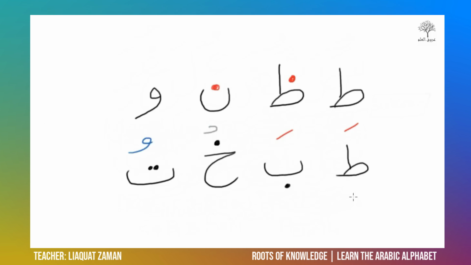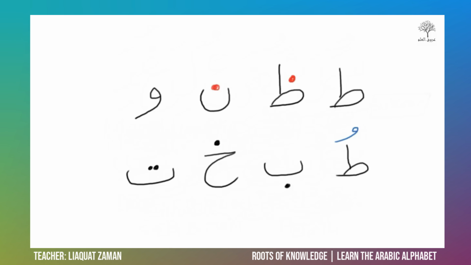So tu, ta, ba, kha, and tu. Ta, ba, kha, and tu. Remember, whenever you have a sukoon, you join the sound of the previous letter with it. So you merge them together. You say bakh. So tabakhtu.